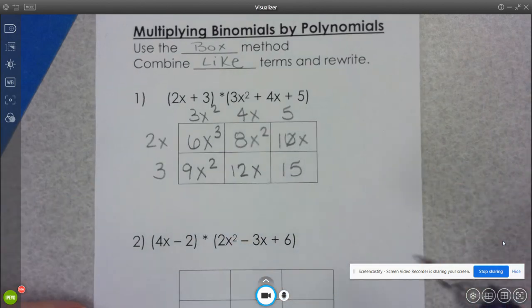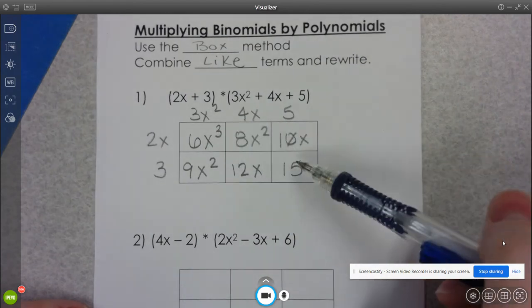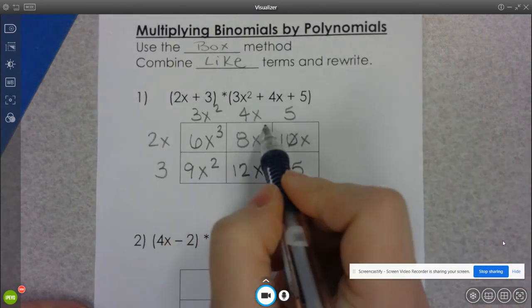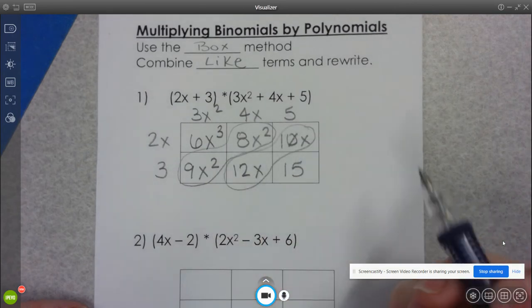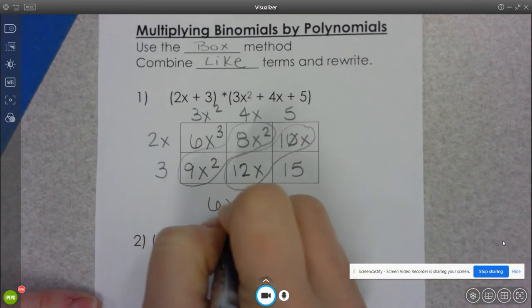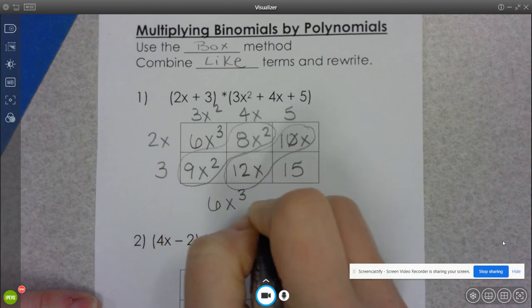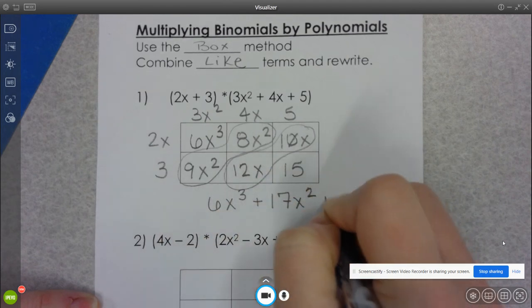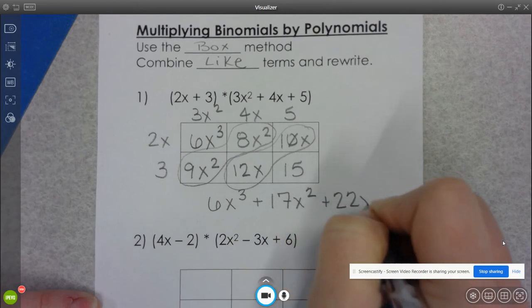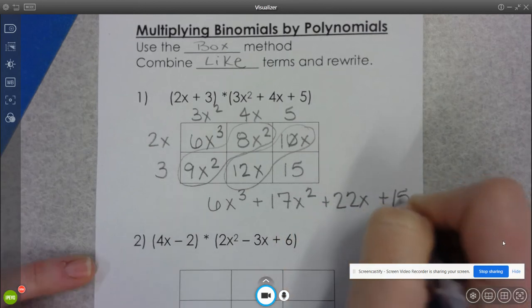So now that I've represented the area of each of these smaller boxes, I'm going to combine like terms. I'm going to combine the x squareds and I'm going to combine the x's. So I'll have 6x cubed plus 17x squared plus 22x plus 15.